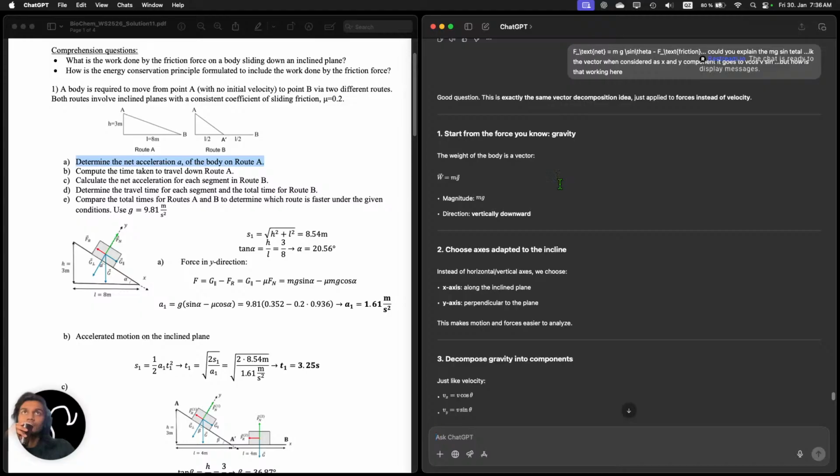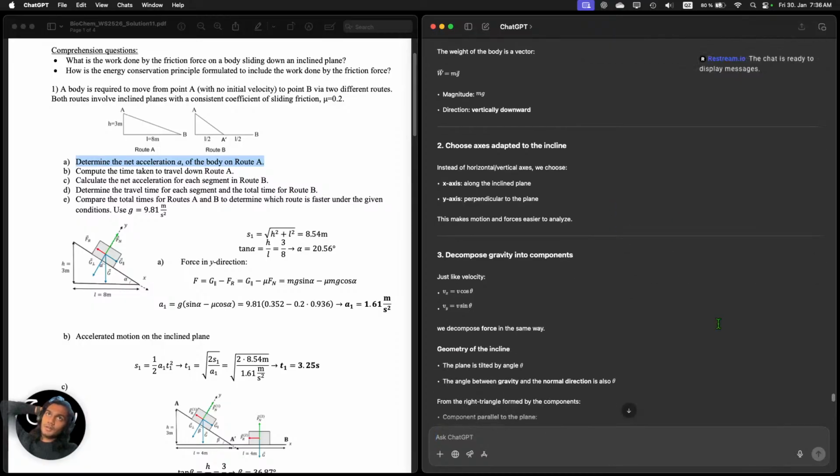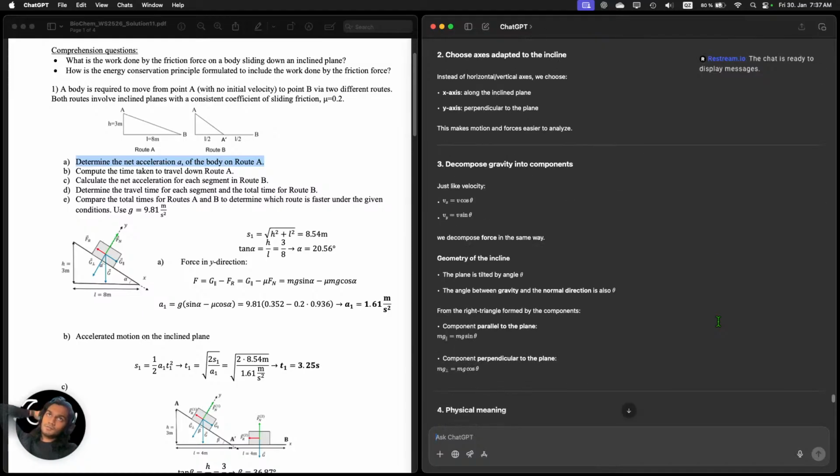Start from the force. Gravity, the weight of the object, is a vector, mg, direction vertically downwards. Choose axes adapted to the incline. Instead of horizontal and vertical axes, we choose the x-axis along the inclined plane and the other perpendicular to the plane. Okay, this makes motion easier to analyze. Decompose gravity into components. Geometry of the incline: the plane is tilted by the angle theta. The angle between gravity and the normal direction is theta.